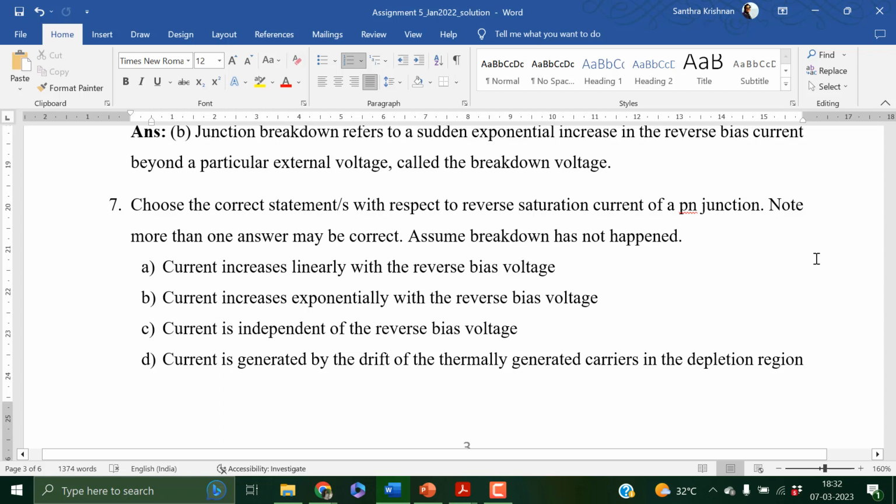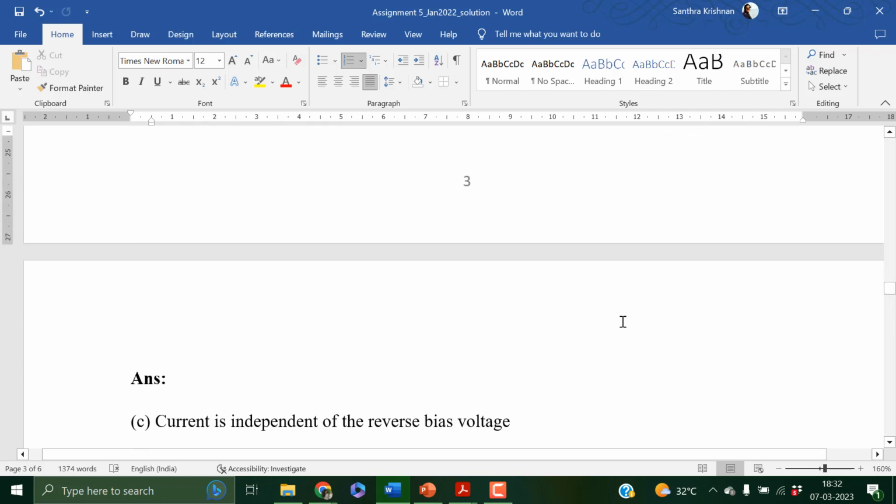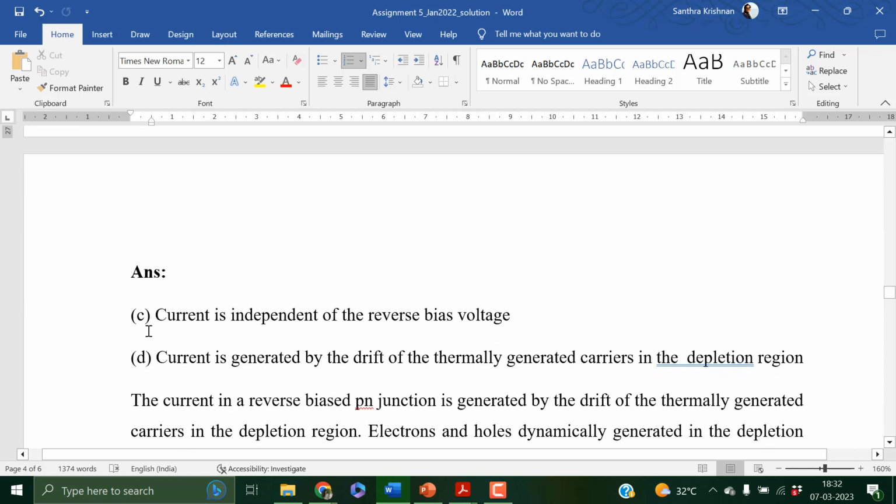Madam, actually I am finding that option C might be correct, since the current is independent of the reverse bias voltage. Yes, that is true. The current remains constant in the reverse bias until it reaches the breakdown point, then it will go up. So the answer is C and D.